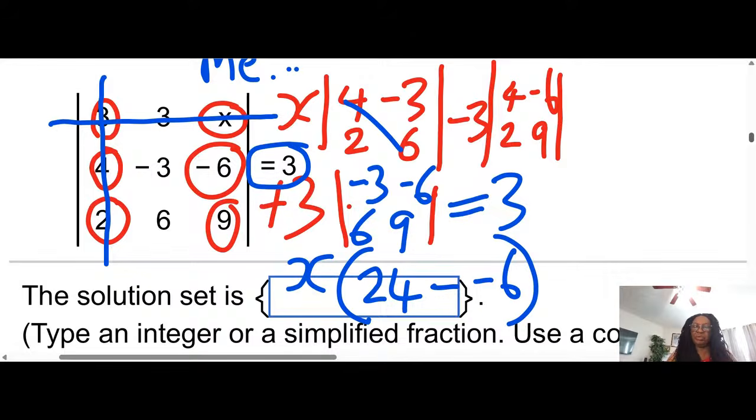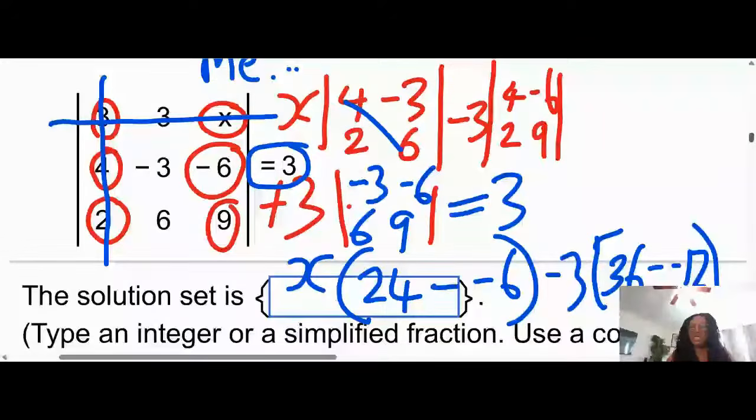Then minus 3, evaluate the 2 by 2 determinant there. In parentheses, 4 times 9 is 36, 36 minus 2, and I'm going to finish here.